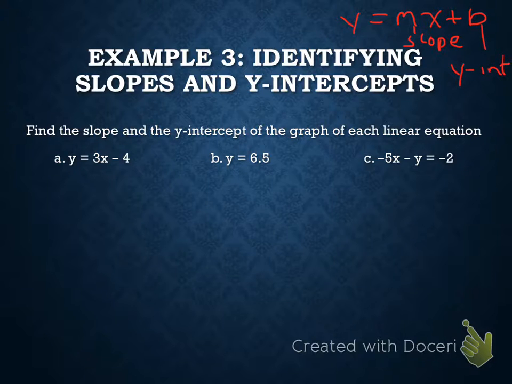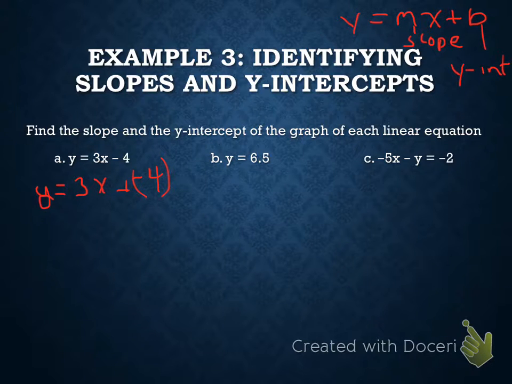Okay, if you're looking at A, you've got y equals 3x minus 4. Well, we want it in the form y equals mx plus b. The only difference is that I have minus 4 instead of plus b. So I'm just going to rewrite this as y equals 3x plus a negative 4.